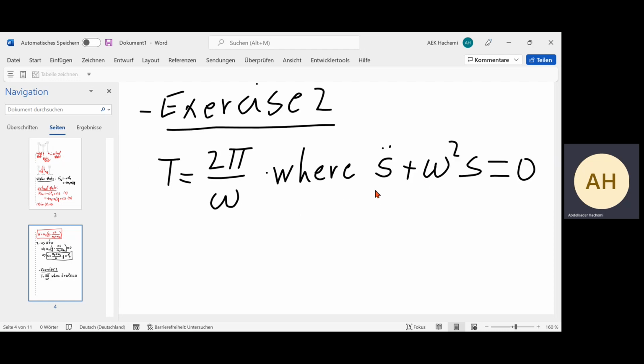Omega is given by the second term, and can be determined by this differential equation and its solution. And here we have the period, which is 2 pi divided by omega.